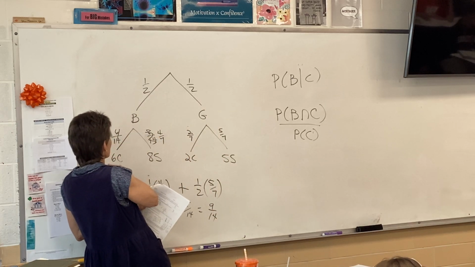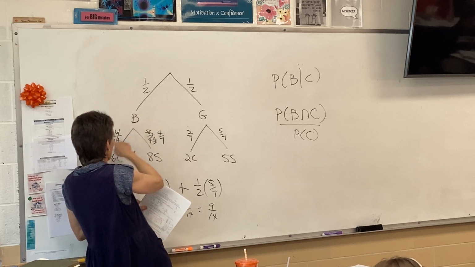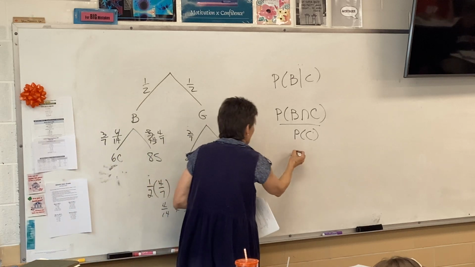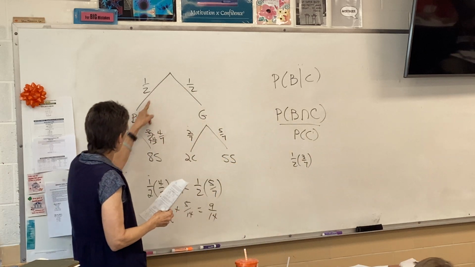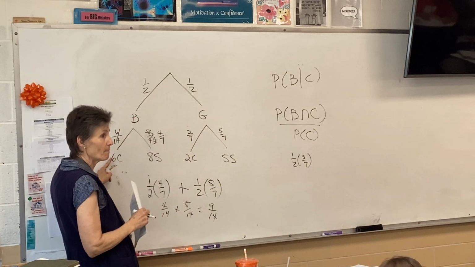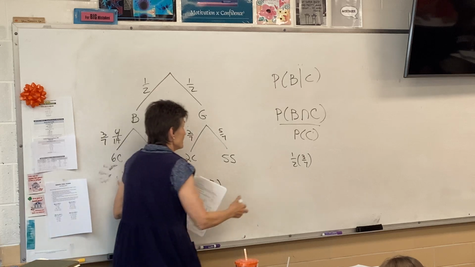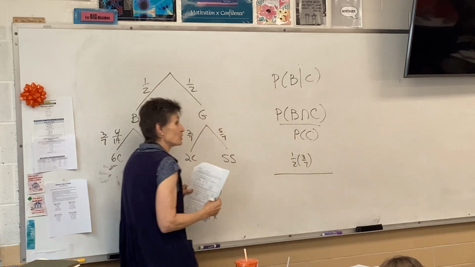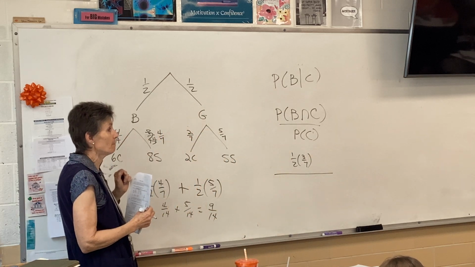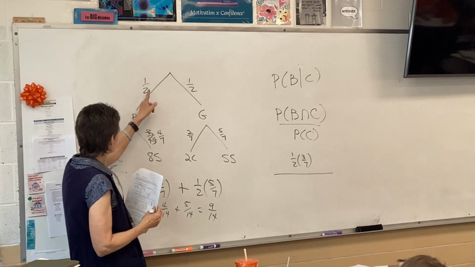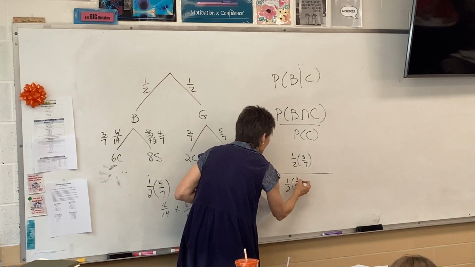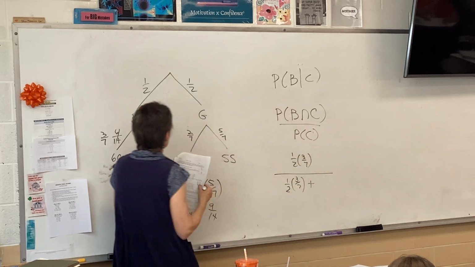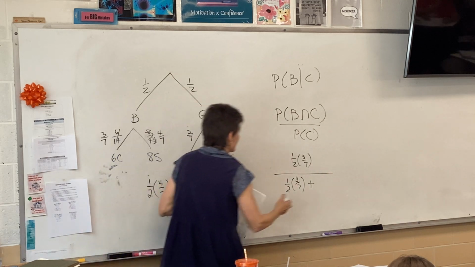Blue and chocolate chip would be 1/2 times 3/7, out of the blue jar and chocolate chip, divided by the total chocolate chip, which is that number again, plus 1/2 times 2/7.